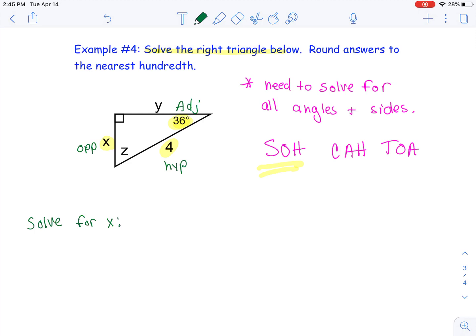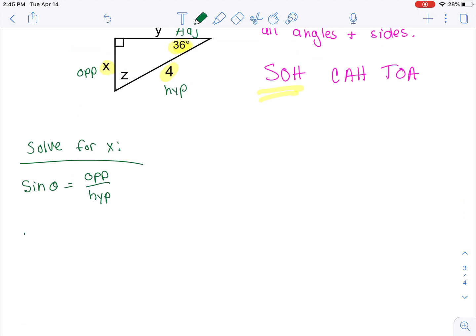So I'm going to set up an equation that says the sine of theta is equal to the opposite over the hypotenuse. So that means the sine of theta is equal to x over 4. I'm going to put it over 1 so I can solve by cross multiplying.